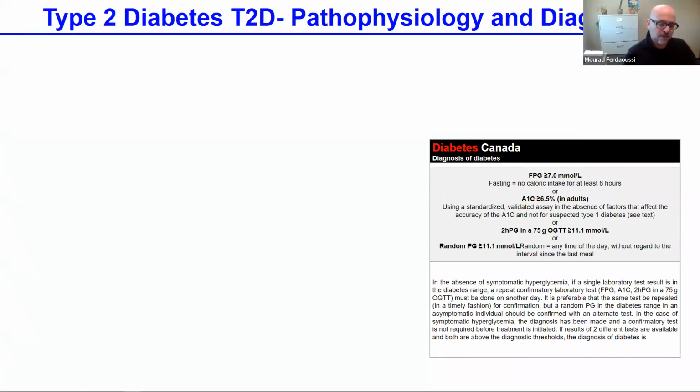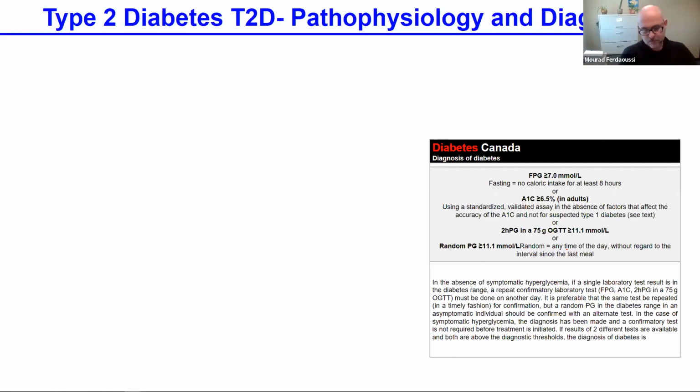Another way to diagnose hyperglycemia or diabetes is by doing an oral glucose tolerance test. A person fasts overnight and is then given 70 grams of glucose. After 2 hours, if the glycemia is higher than 11.1 millimolar, it is a criterion to diagnose diabetes in those patients.